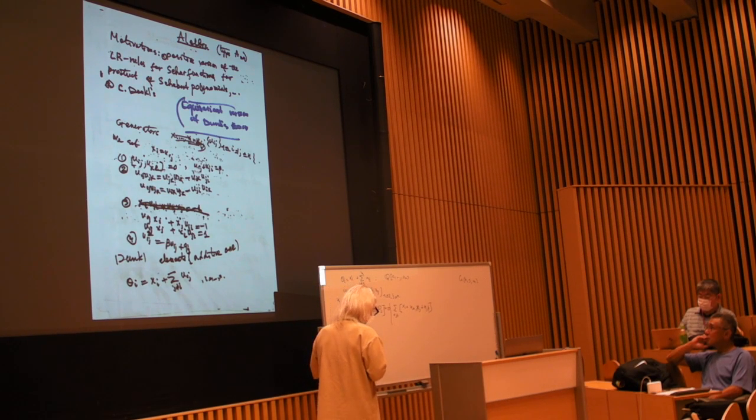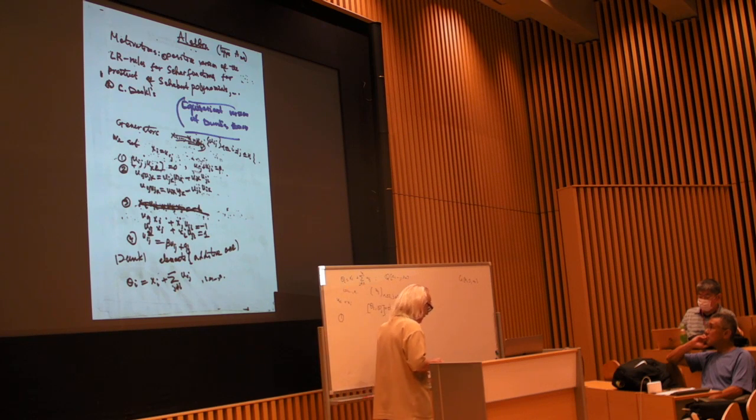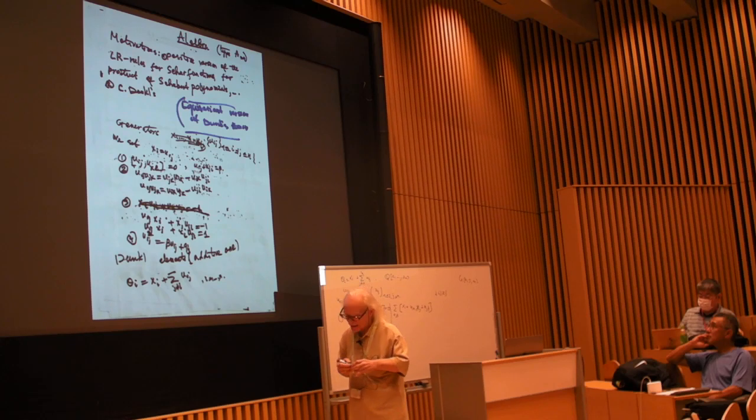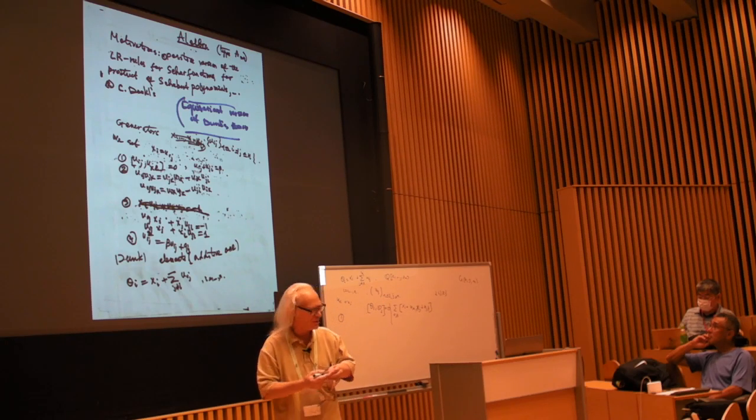Another very important property, again from physics, I call factorizability. That means that, okay, it is easy to write, but these equations for given i, j, and k are equivalent to the so-called classical dynamical Yang-Baxter equation.